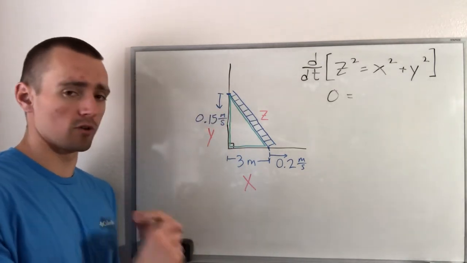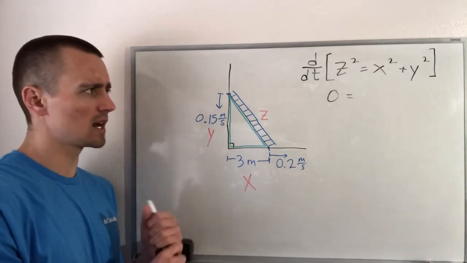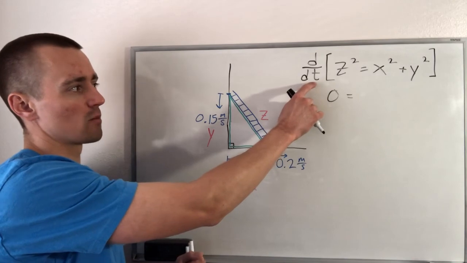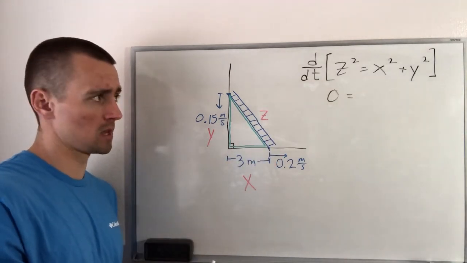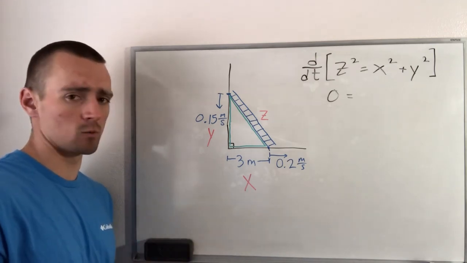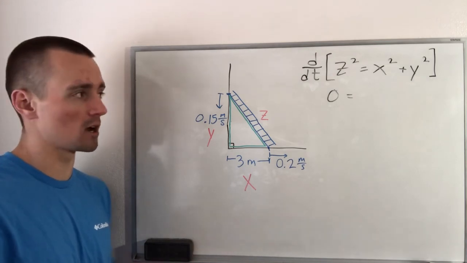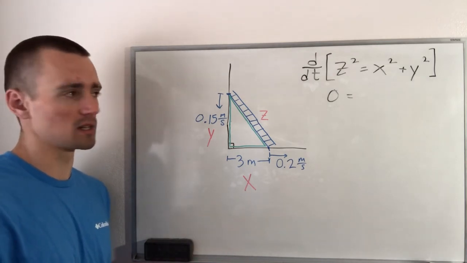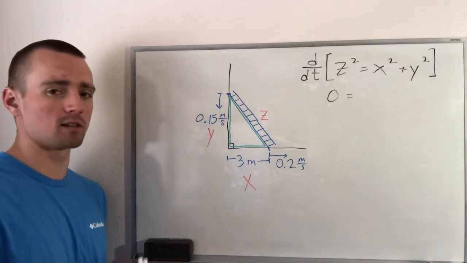So x and y are both changing, which means they're not constants. And as a result, since we're taking the derivative of them with respect to time, we need to treat them as functions of time. But we don't know a function for x and y, so we can't get an explicit function for the derivative of x and y. So that's why it's called implicit differentiation. We're getting kind of an implicit formula that relates these derivatives together.